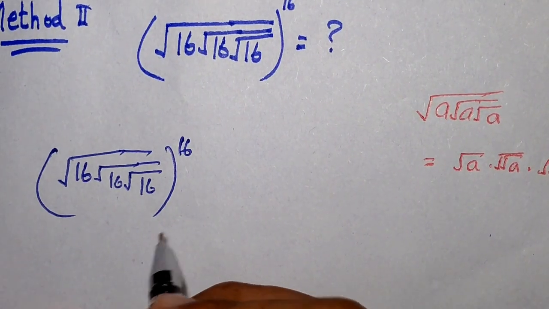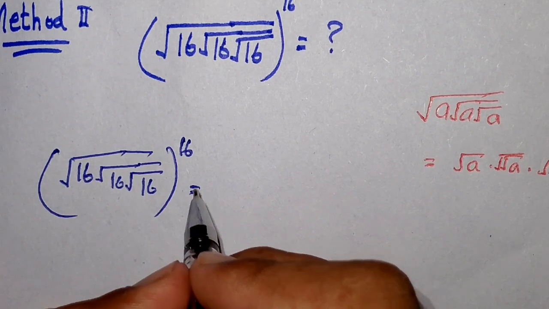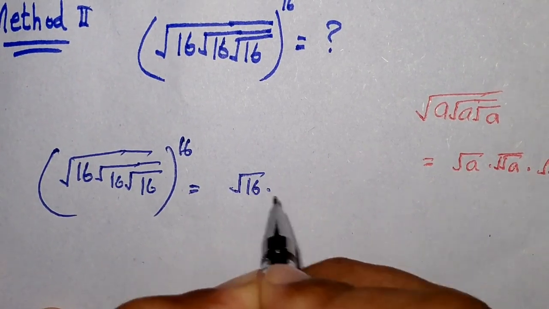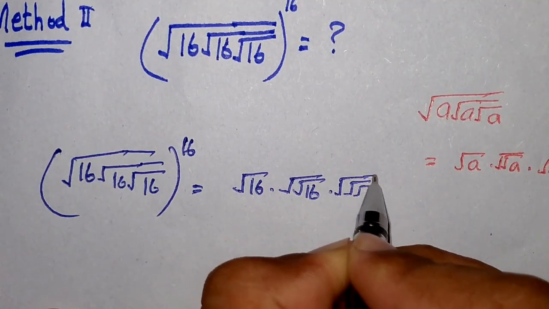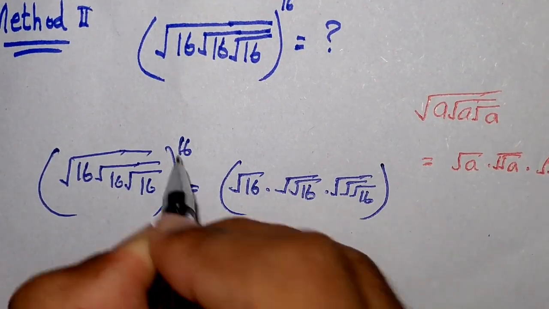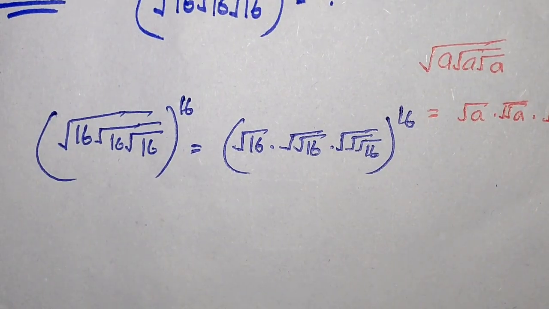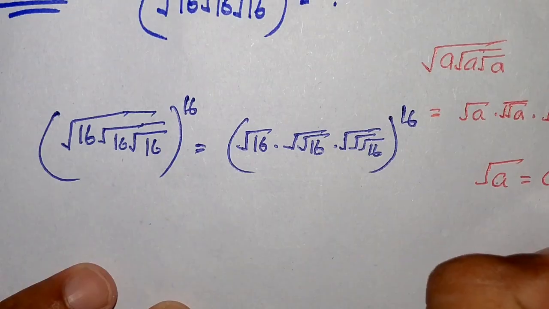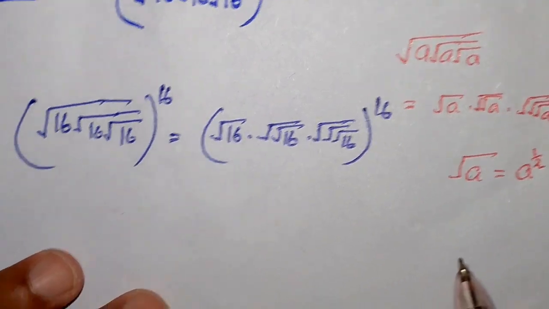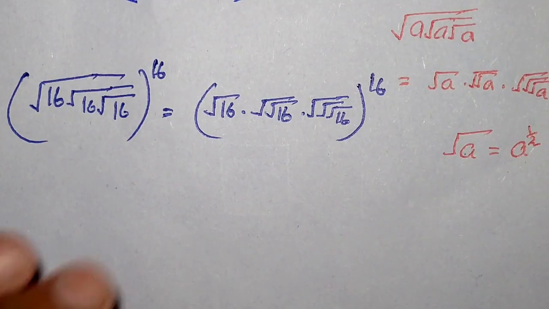This can also be written as square root of 16 times double square root of 16 times triple square root of 16, to the whole power of 16. Now we know that square root of a is equal to a to the power of 1 over 2.